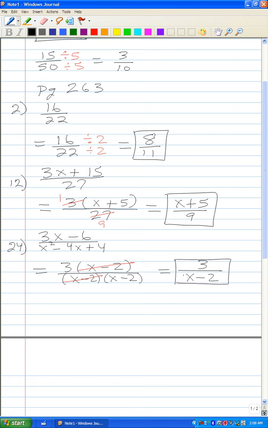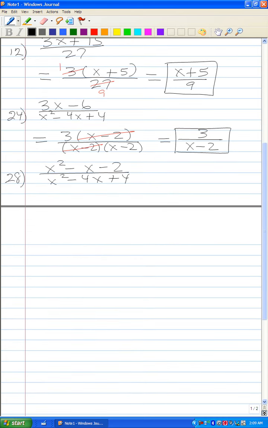Let me do problem number 28. x squared minus x minus 2 over x squared minus 4x plus 4. Okay, so let's factor this. Well, the numerator factors into, this is a monic polynomial.